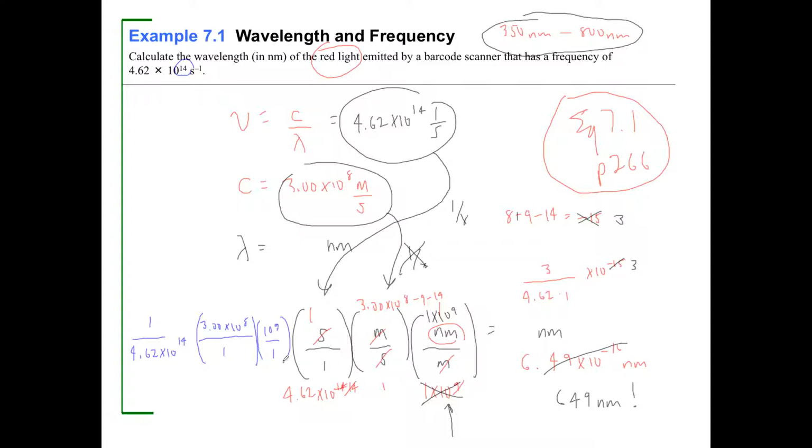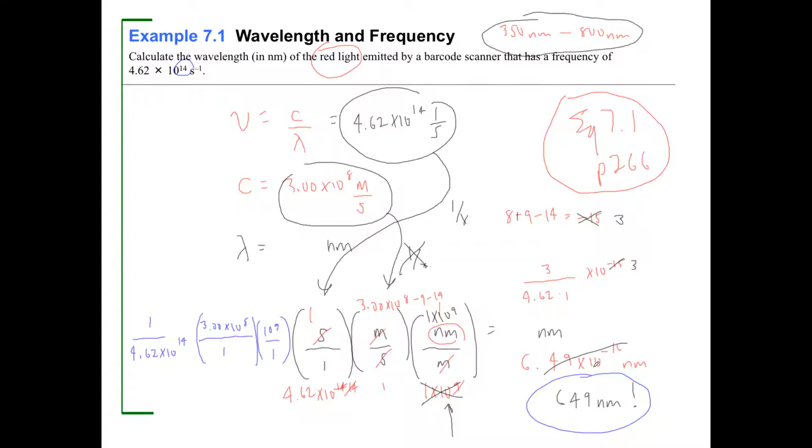That's 10 to the 9 right there, okay? I'm going to do it like that, just to check it. 3 times 10 to the 8th times 1 times 10 to the 9th divided by 4.62 times 10 to the 14th gives me the same number, 649. Okay, so 649 it is, and let's move on.